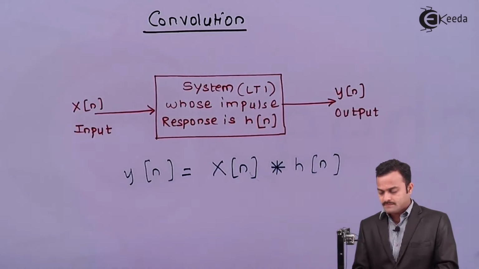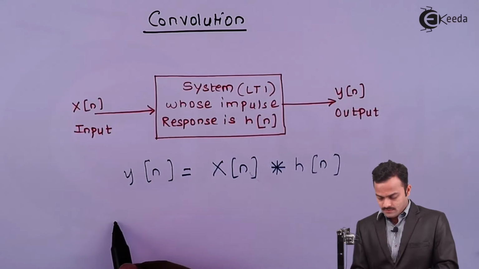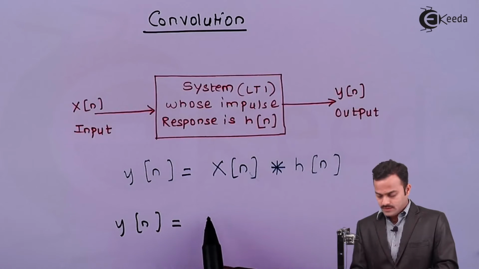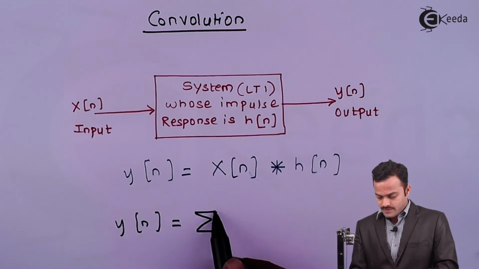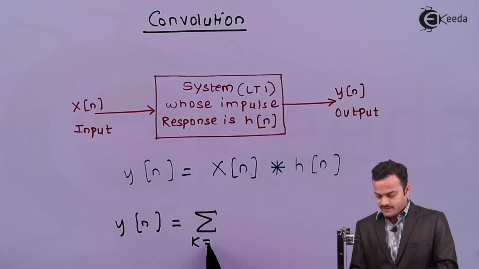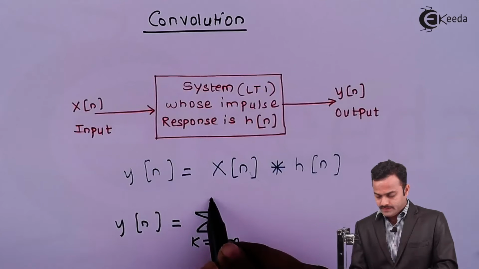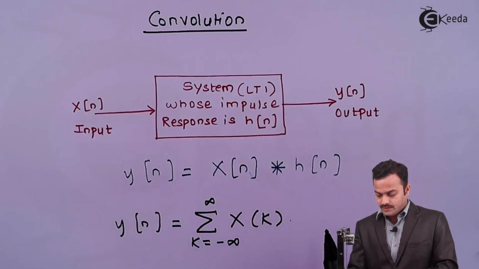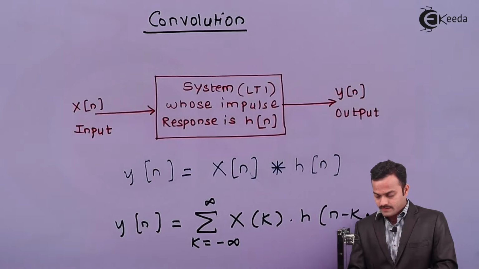And the formula for this is y of n is nothing but summation, k varies from minus infinity to infinity, x of k into h of n minus k.